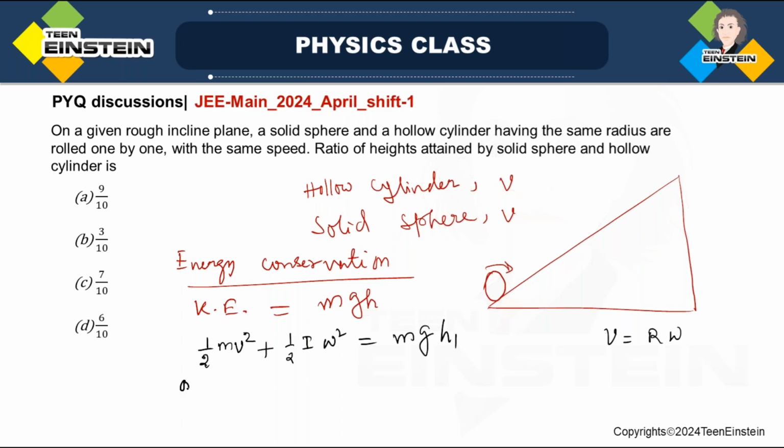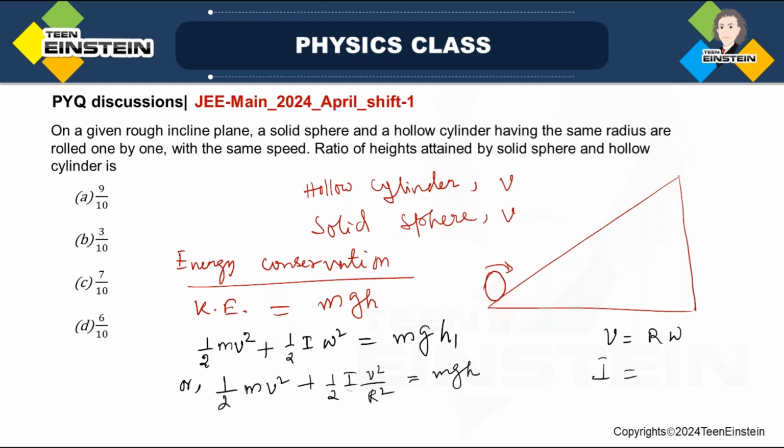So then I can simplify a little bit: half mv square plus half I v square by r square is equal to mgh1. Now this I is actually moment of inertia, as you know.